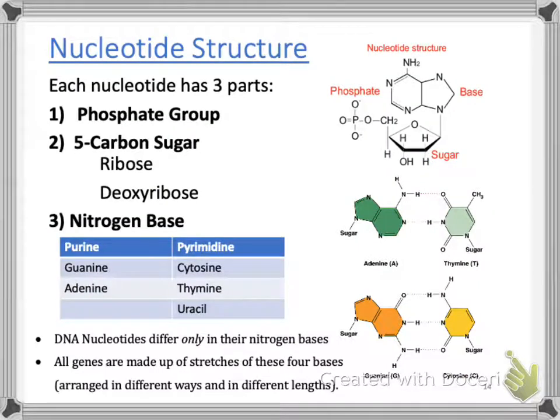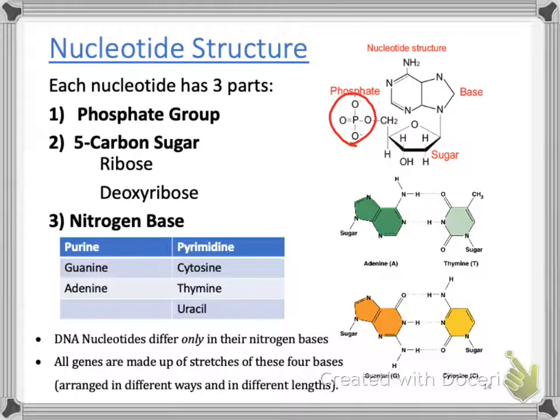So let's examine a nucleotide structure in more detail. I circled a bunch of them on the DNA molecule on the page before. So each nucleotide, okay, has three parts. The first one is a phosphate or a phosphate group, whichever one you want to call it. That is this right here.